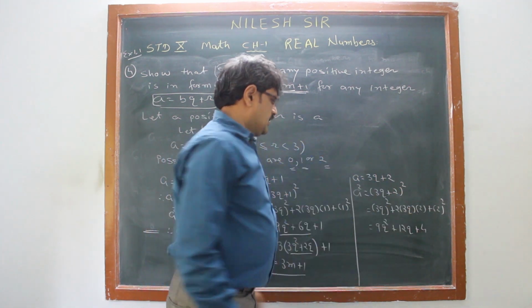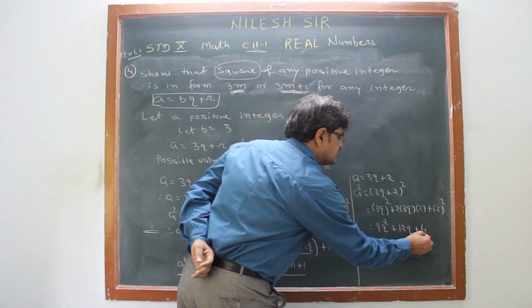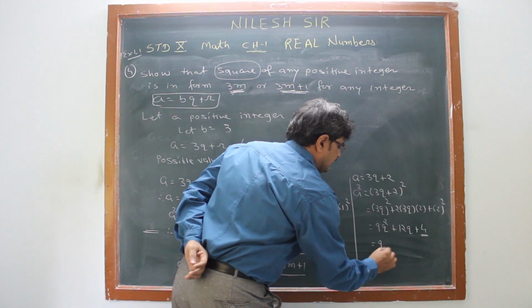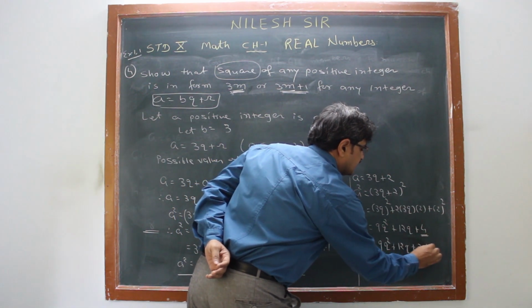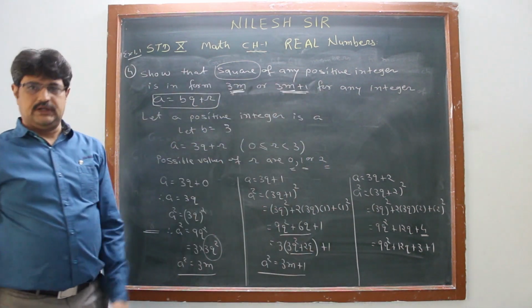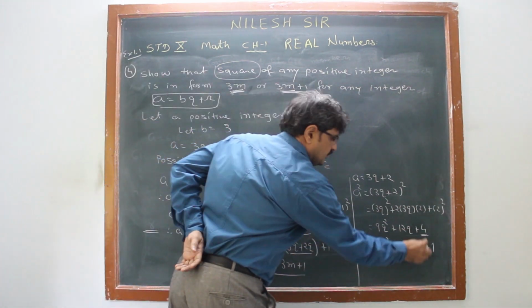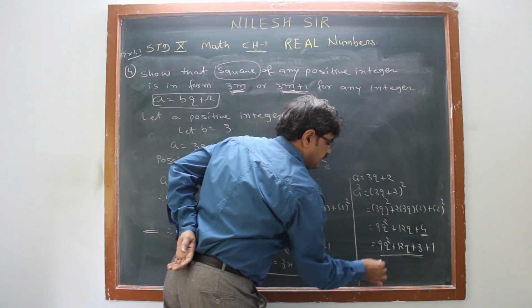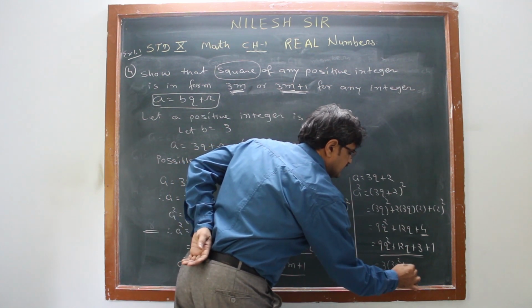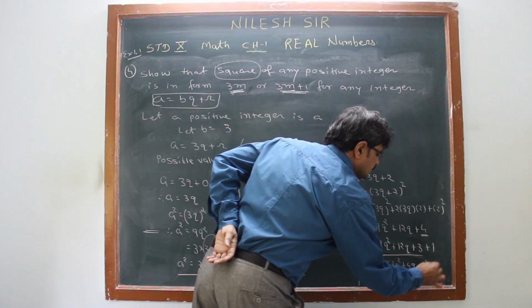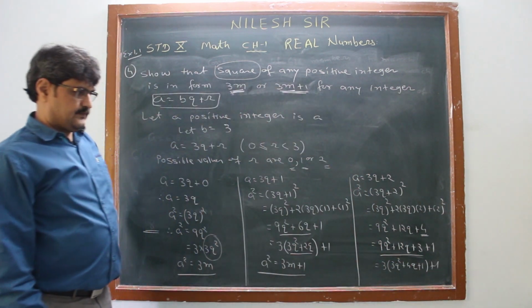So what I will do now, I will split 4 in such a way that I will have 3m plus 1. So I have split 4 as 3 plus 1. And now from this 3, I will take 3 common, which is 3q square plus 4q plus 1, and then plus 1.